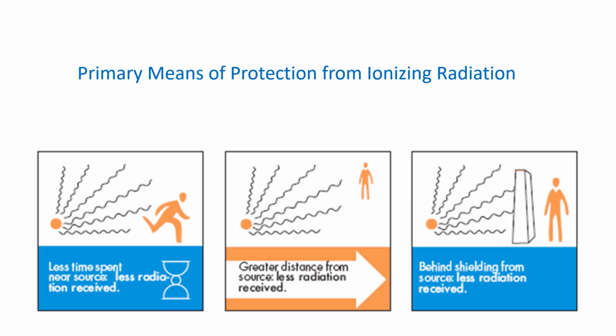The three primary methods of protecting patients and occupational workers from ionizing radiation deal with the amount of time spent near the radiation source, the distance from the radiation source, and the type of shielding being used during the examination.